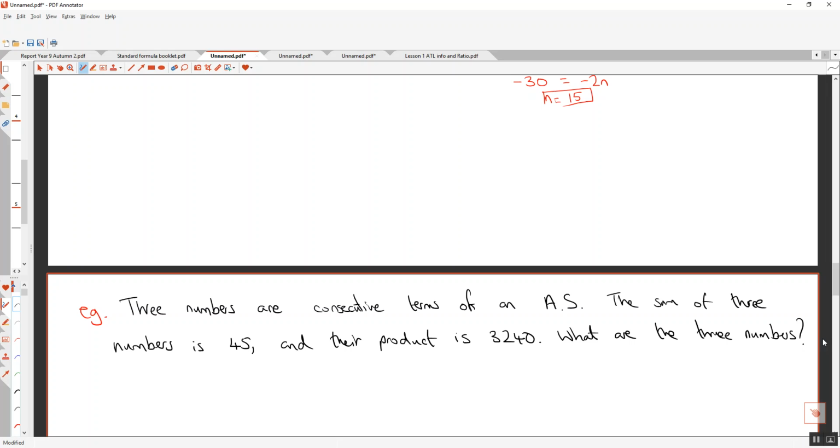I want you to try and work it out using what you know about arithmetic sequences. Or try and work it out using algebra, whatever way you want without using trial and error. Okay.